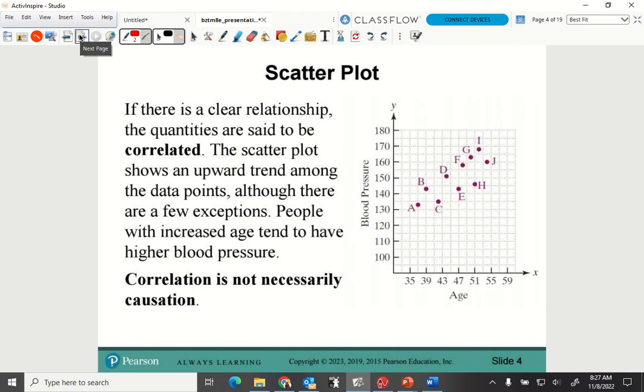Here is an example of a scatter plot. We have a bunch of dots. If there's a clear relationship, the quantities are said to be correlated. So if you notice, going from left to right, is there any correlation, do you think, to this? Do they tend to go in the same direction?